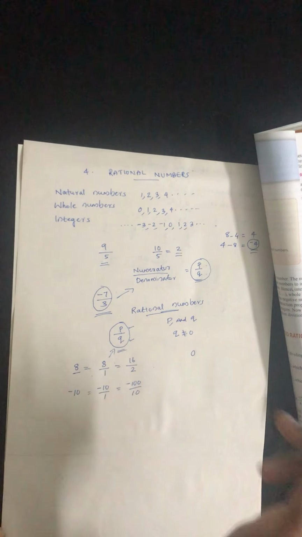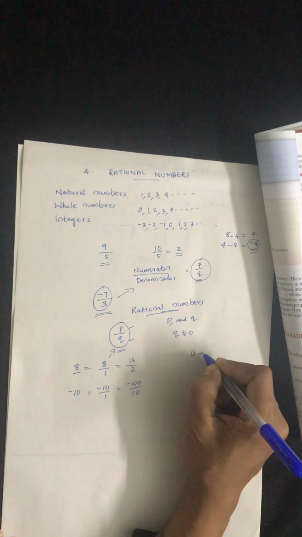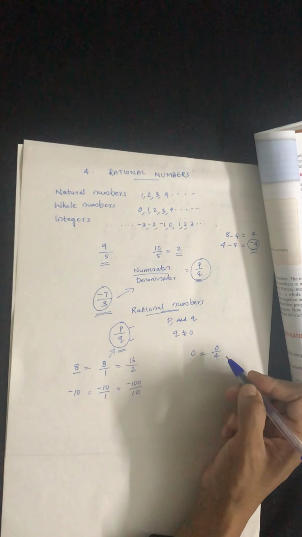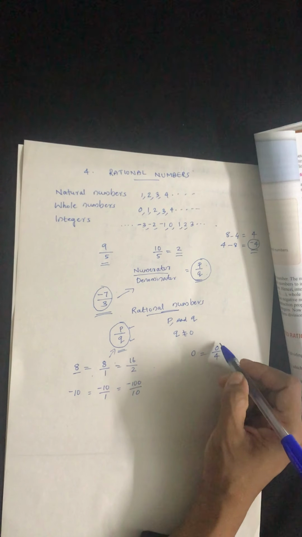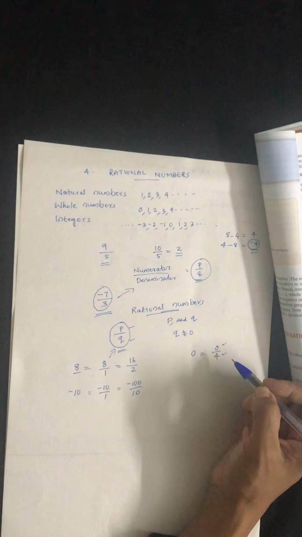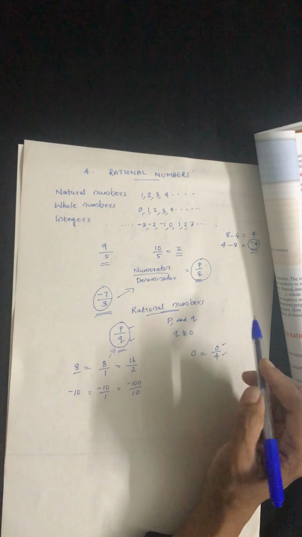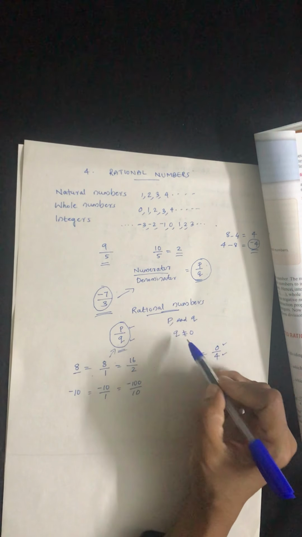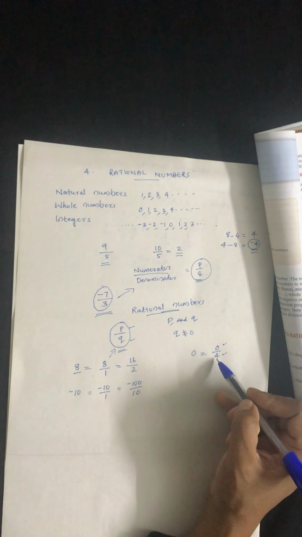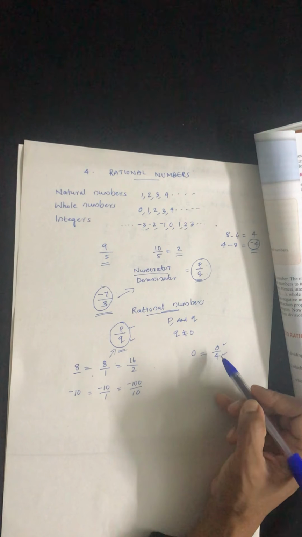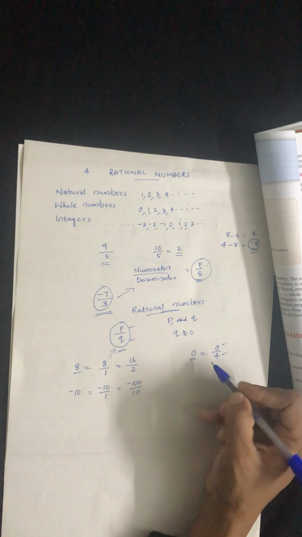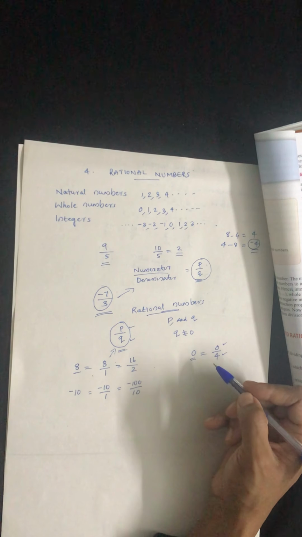Yes, 0 is equal to 0 by 4. It is included in the set of rational numbers, because 0 is an integer, 4 is another integer, and the other condition is that the denominator q should not be 0. Here the denominator is not 0, only the numerator is 0, so we can include it in the set of rational numbers. So 0 is also included in the set of rational numbers.